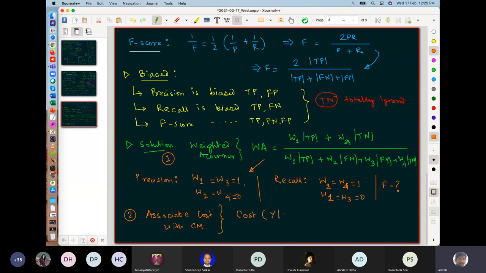So yes given yes means this is the actual class level and this is your predicted class level. So there will be 4 such cases. Yes given no, actually it is no, I am predicting yes falsely, so it's a false positive cost. Similarly, cost of no given yes is a false negative cost, and the cost of no given no is the true negative cost.